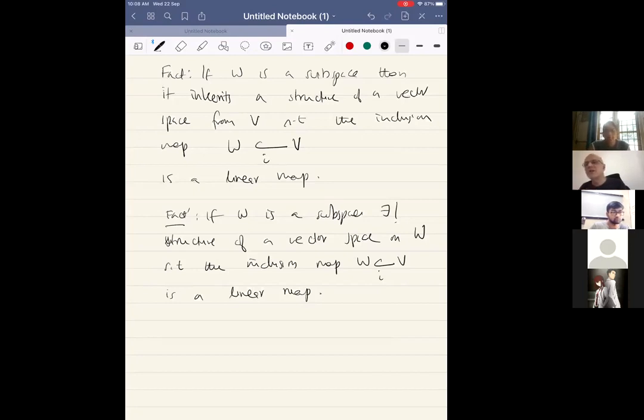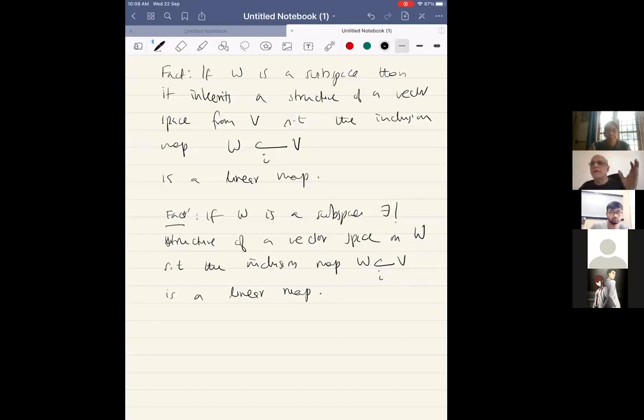You will find as you go along that it's very useful when you are given sub-objects of bigger objects. Usually it's a subset. Objects are sets with structures. Then it's really useful to take the subset, remove it a little bit, and consider the map.